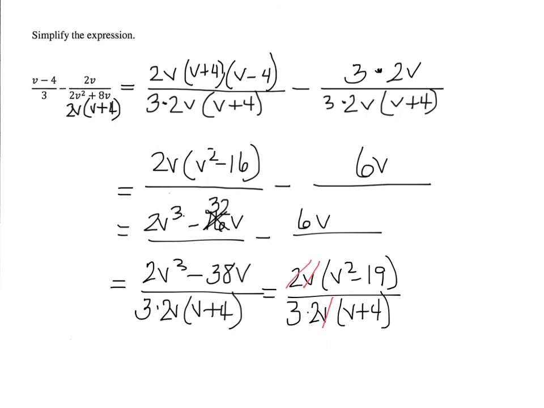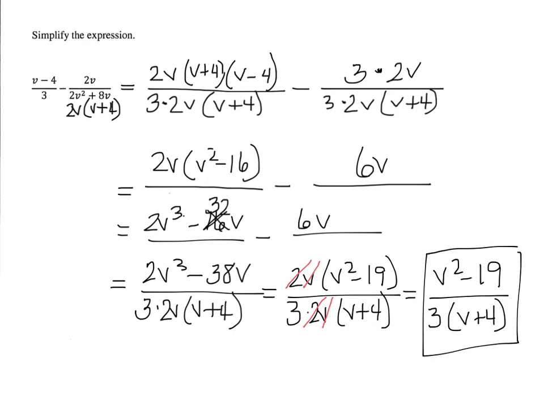There's a factor of 2 in both the numerator and denominator. That's all that's going to reduce. I have a v squared minus 19 left in the numerator over, and you can leave it in factored form, 3 times v plus 4. If you want to multiply it, go ahead, but that is my final answer.